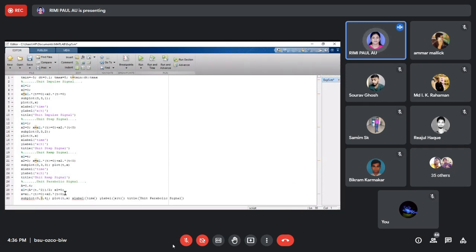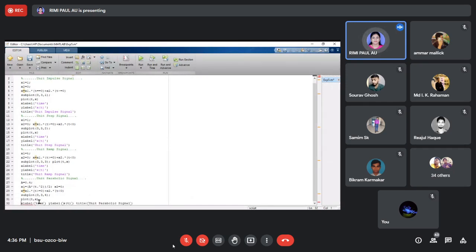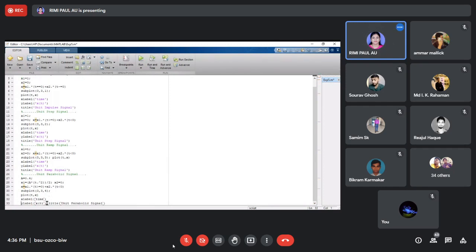So I'm doing the same thing. You just have to change. Do not use a semicolon after plot. Otherwise you cannot see the plot. In some cases you will get an error.